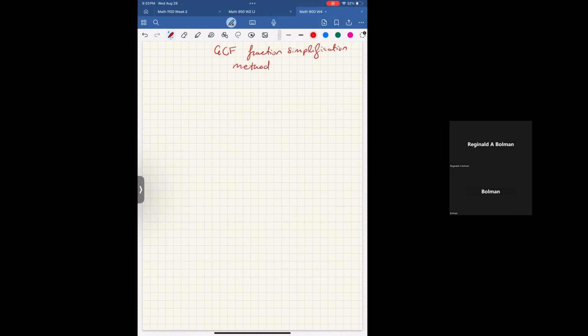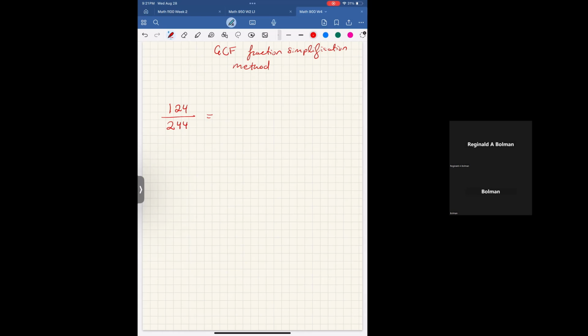So if you have a number such as 124, and maybe you've got another number 244, and you want to simplify this quantity, instead of finding the prime factorization and just crossing out the prime factors that are in common on the top and the bottom, you could instead find the greatest common factor of both the numerator and the denominator, and then you divide the numerator and denominator by that number.